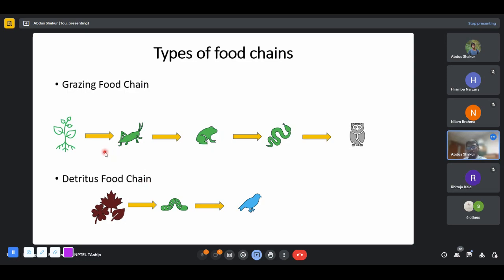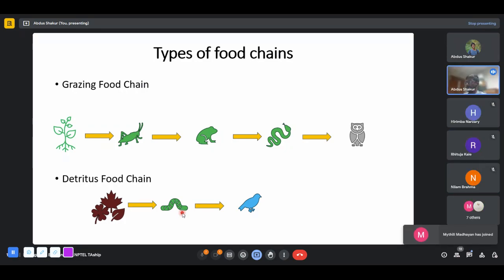Generally, grazing food chains are much longer than detritus food chains, because a lot of energy can be transferred across levels, unlike the detritus food chain, which is shorter and has very little energy that can be transferred across.